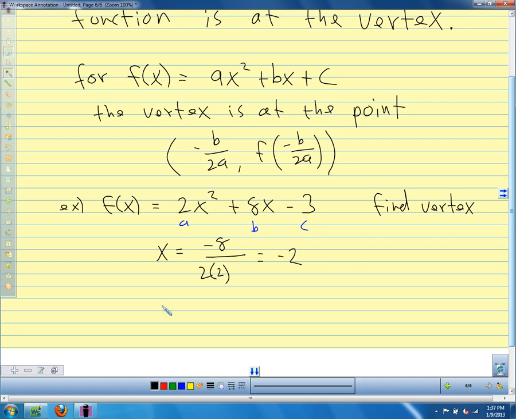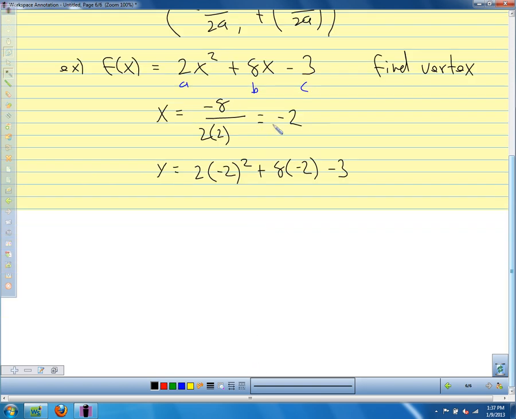And the y, or f of x, is going to be 2 times negative 2 squared plus 8 times negative 2 minus 3. So I'm just plugging this number back into my function, and I get 2 times 4 plus negative 16 minus 3, so I get 8 minus 16 minus 3. 8 minus 16 is negative 8.